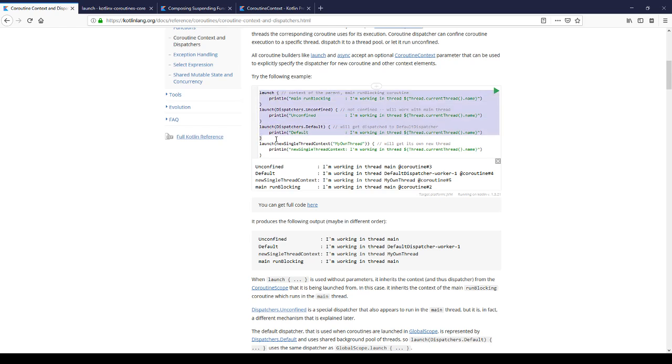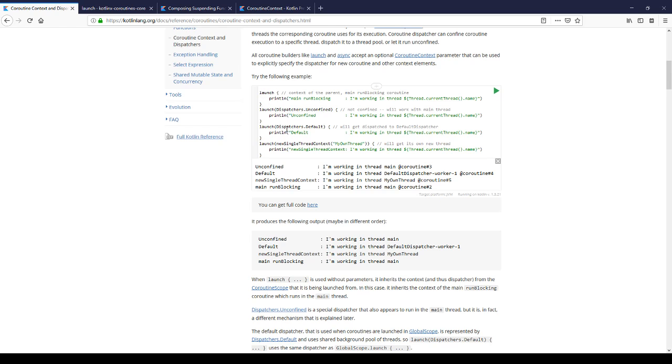Everything is run sequentially because it's in a runBlocking coroutine, and this is dispatched to the main thread, and the main thread is currently blocked by the runBlocking.